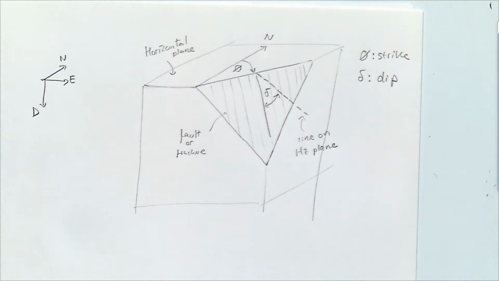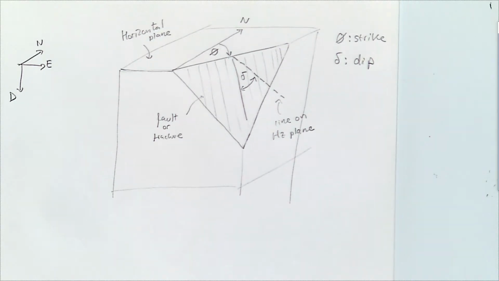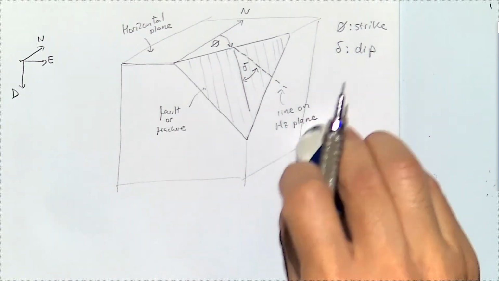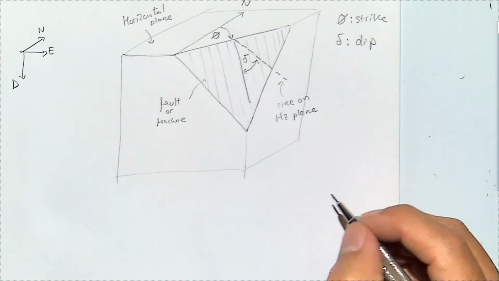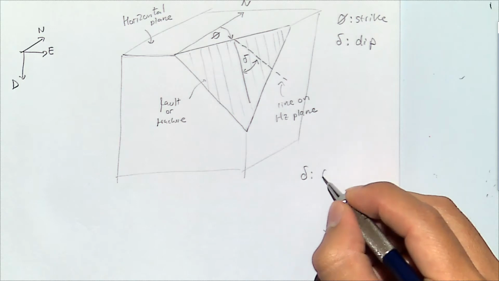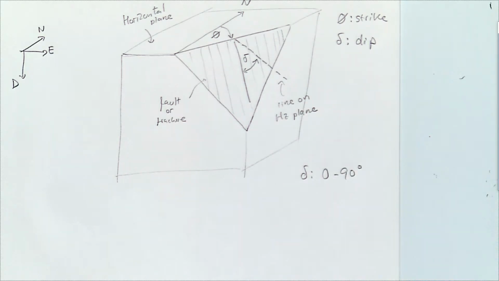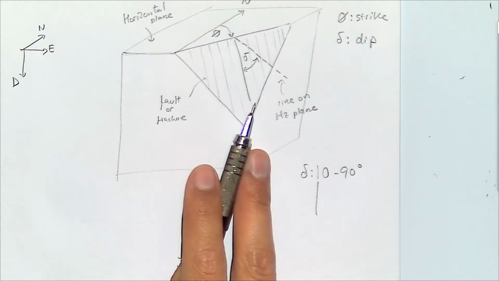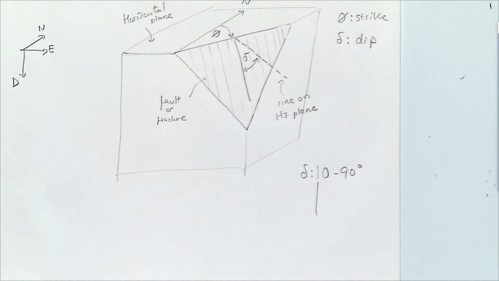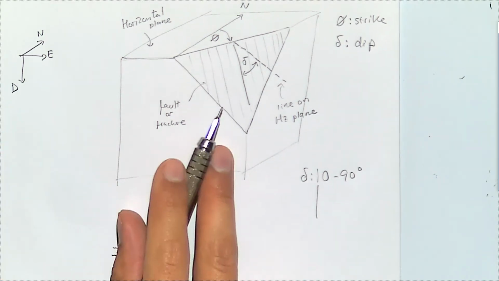There are, however, some conventions about strike and dip that we have to mention. For dip, it's relatively easy. The angle of dip is going to go from 0 to 90 degrees. And in addition to that, sometimes you could add to that angle in which direction it is dipping. For example, this dips in direction southeast because it goes down.